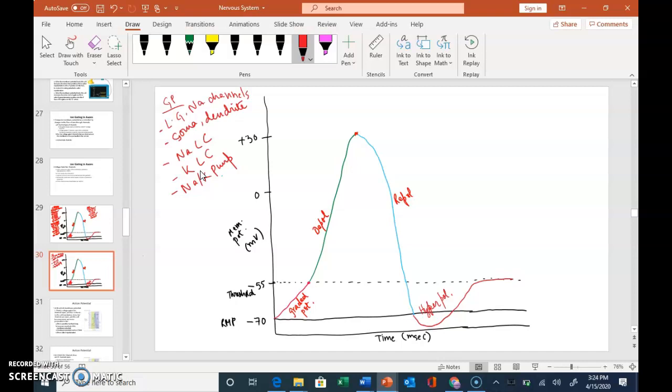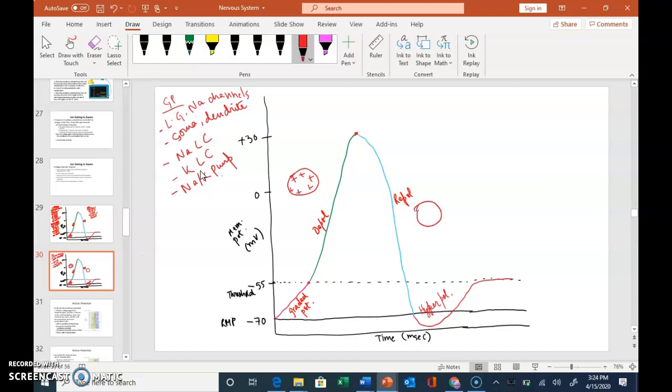Okay. Now, we also talked about the phases of action potential. We have depolarization. And depolarization is when we have more and more positive charge getting into the cell. So if this is a cell, if more and more positive charge enters the cell, that is depolarization.